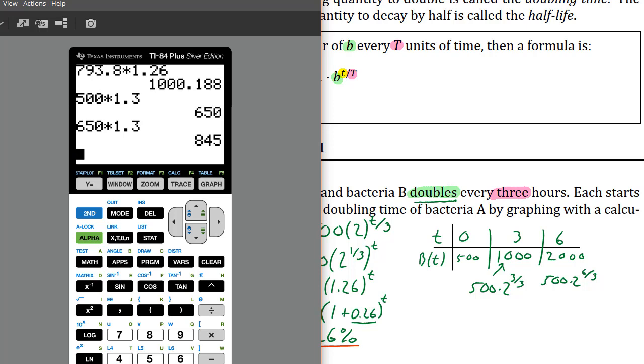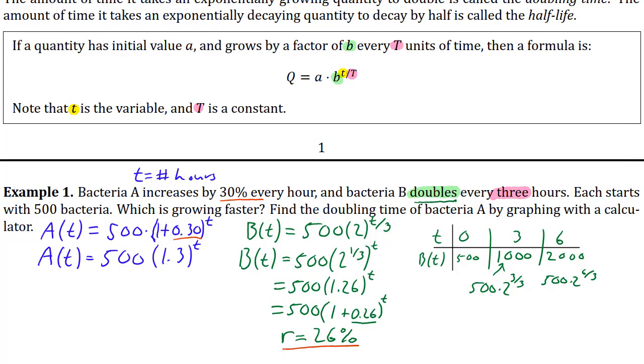And then 845 with another 1.3 factor. Now this is 30% of 845. So it's not 30% of the original 500. It's going up by 30% of more. You get 1,098.5 bacteria. So yeah, which is growing faster? The one with the 30%.